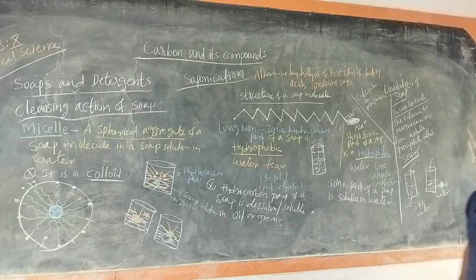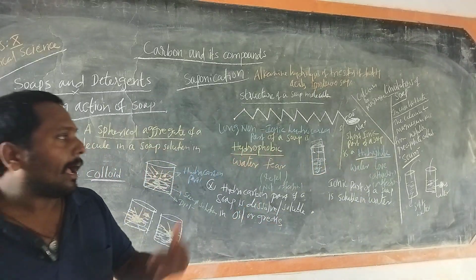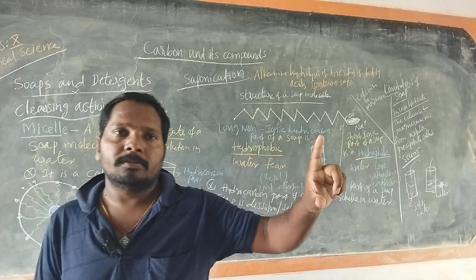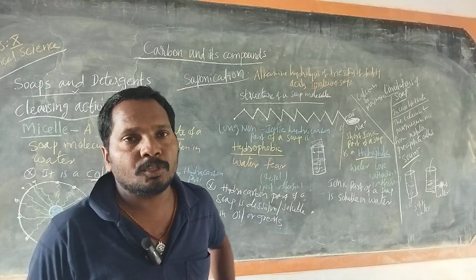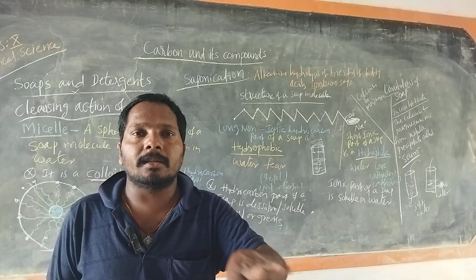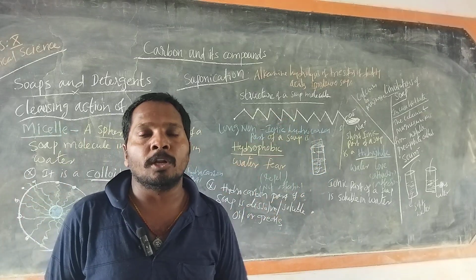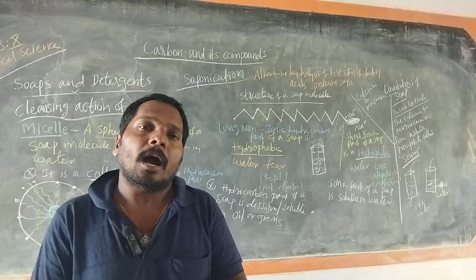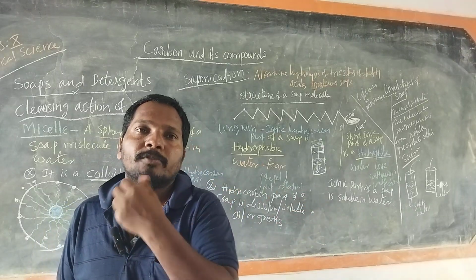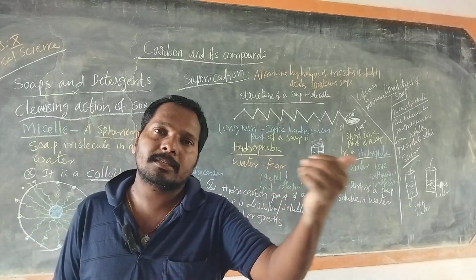Then in both test tubes add some soap solution and shake them well. Observe in which test tube we see more foam and in which test tube we see less foam. The test tube with less foam is the hard water.